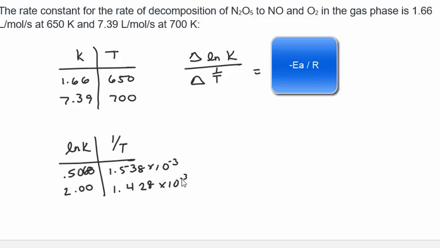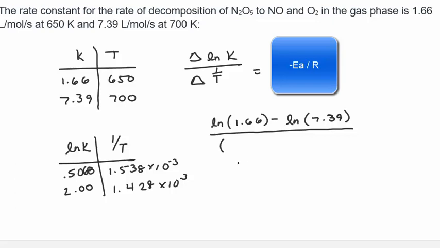But what I do in my calculator is I actually type the natural log, and then I open a parenthesis. I put my 1.66 and I close that parenthesis. And then I subtract the natural log of 7.39, close that parenthesis. And I actually get that answer before I divide it by, and then I put an open parenthesis. And I have 650, and I can raise that to the -1.